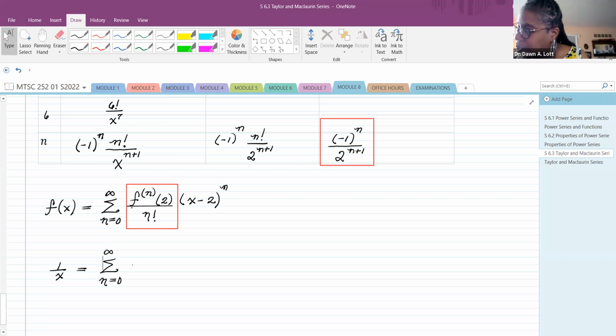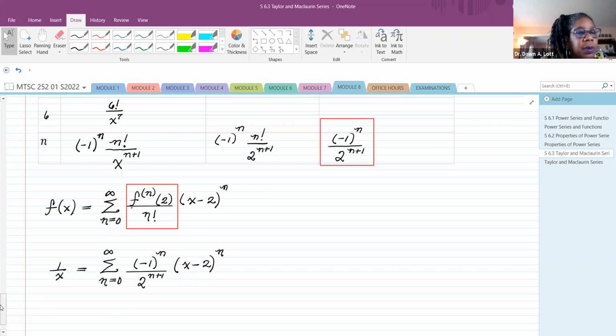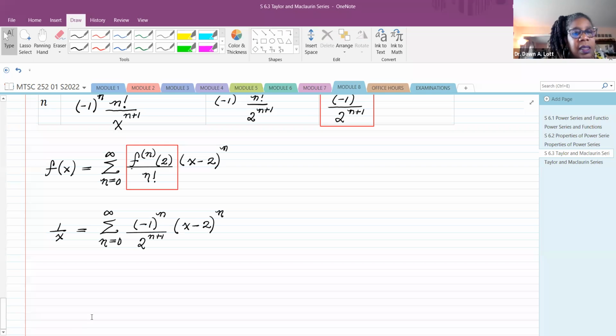The nth derivative is -1 to the n over 2 to the n plus 1 times x minus 2 to the n. But guess what? I can make that look really cool.